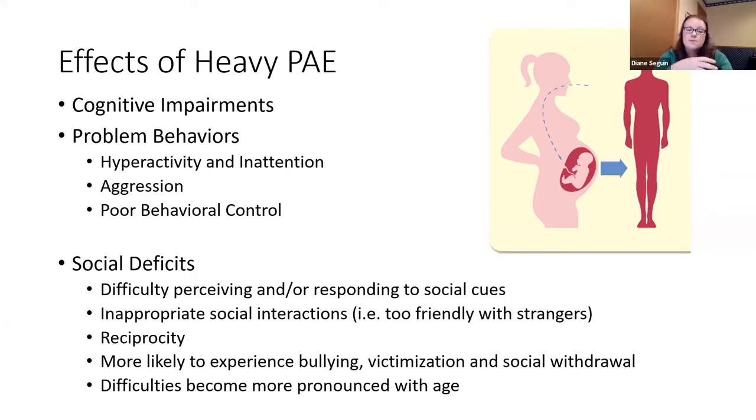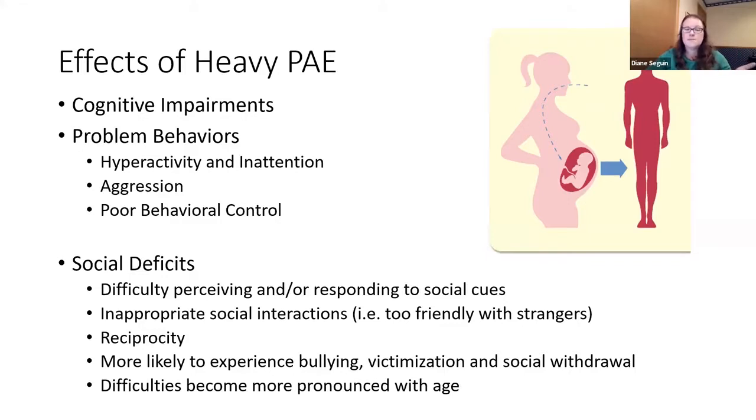As they get older, they have difficulty taking turns in conversations and difficulty interpreting and responding appropriately to social cues. They can be very friendly with strangers. On the emotional end, there appears to be an arrest in their emotional development, so they don't show the same emotional intelligence as their same-age peers.